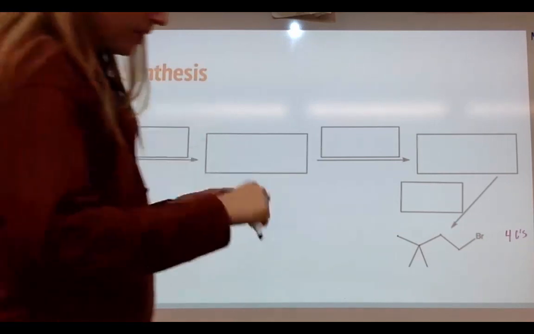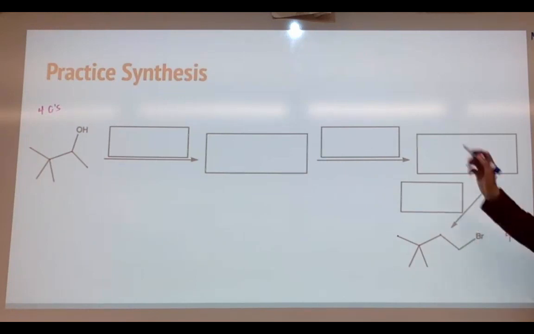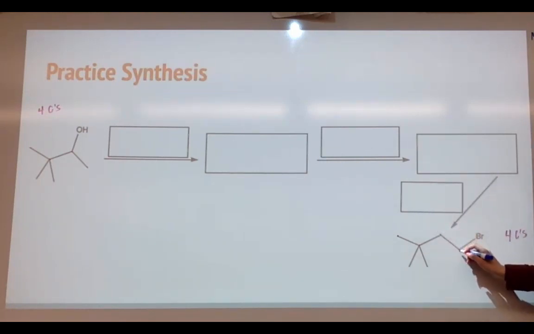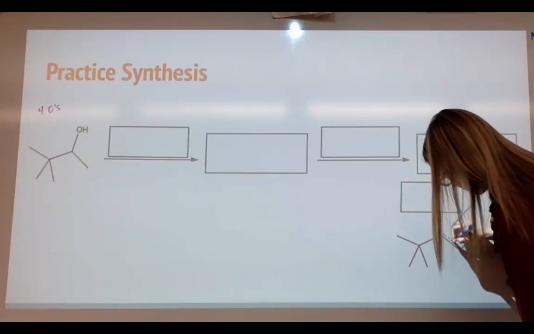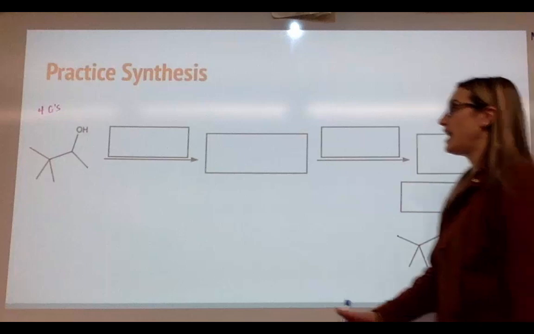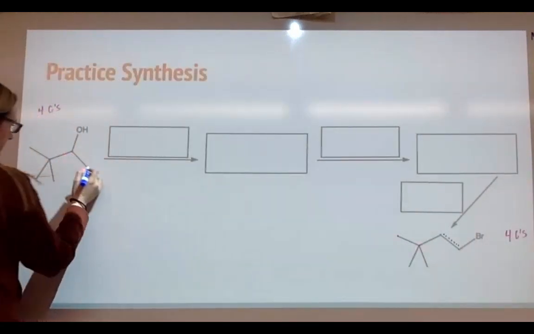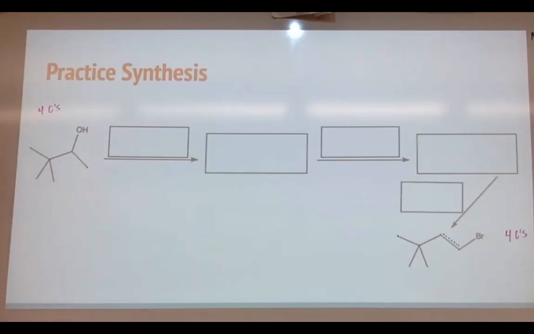If we remember from Unit 4, if I have an OH on this carbon and a Br on this carbon, I probably at one point had a double bond right here.